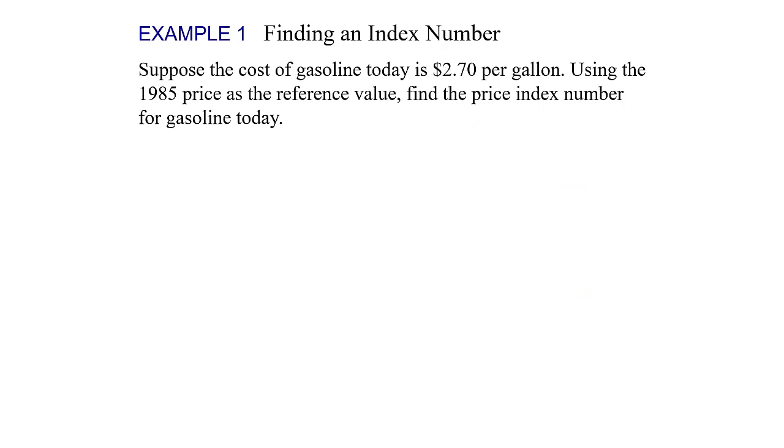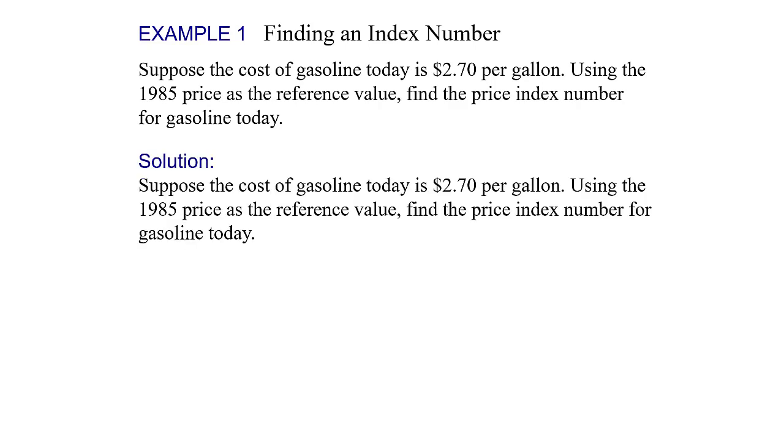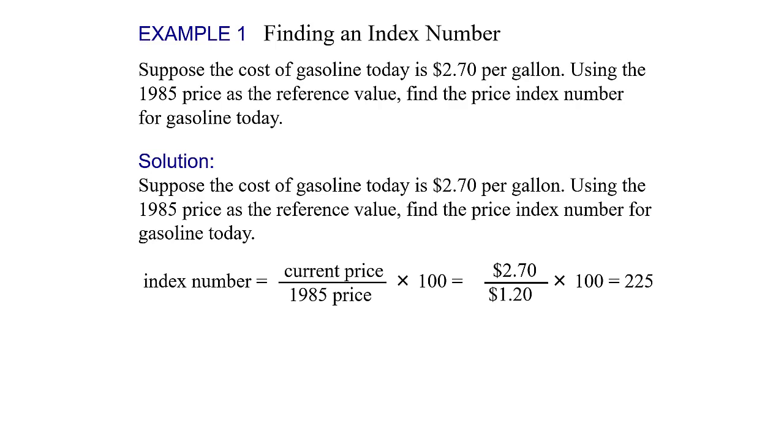Okay, so let's take a look at a simple example. Suppose the cost of gasoline today is $2.70 per gallon. If we can use that 1985 reference price as a reference value, we can find the price index number, not necessarily the price, but the index number for gasoline today. And the solution is that we're just going to set up that simple ratio, right?